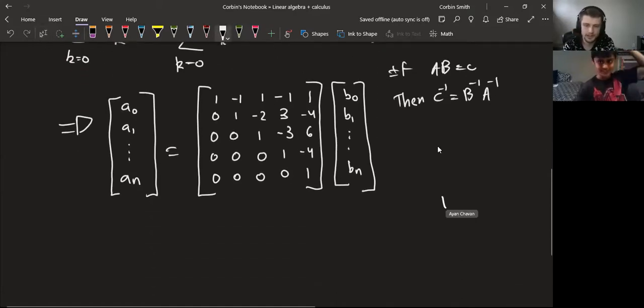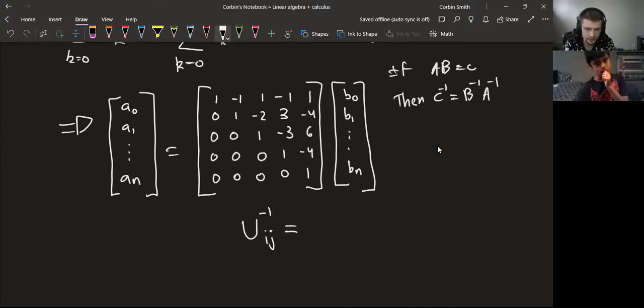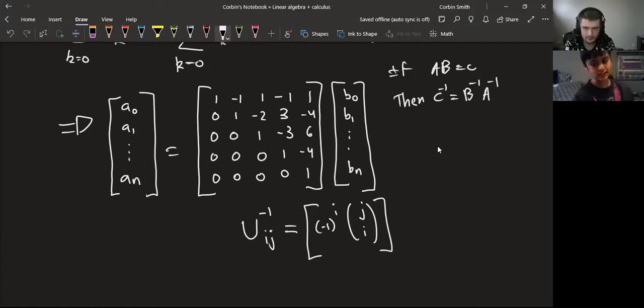So let's call this matrix U inverse, and we saw that the ijth component of U inverse is negative 1 to the ith power of j. You forgot negative 1 to the jth power as well, so i plus j, actually.